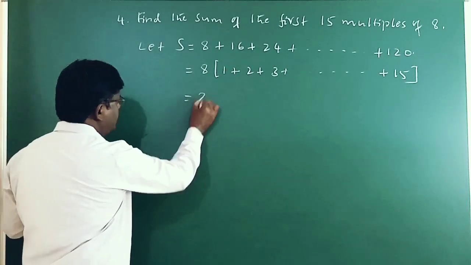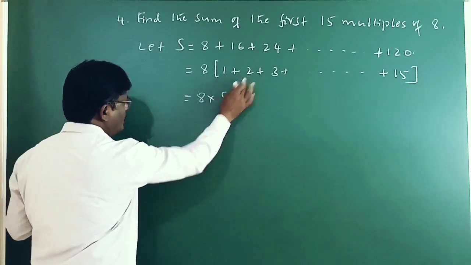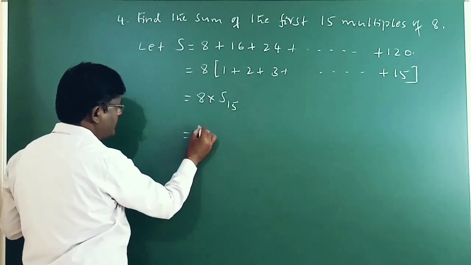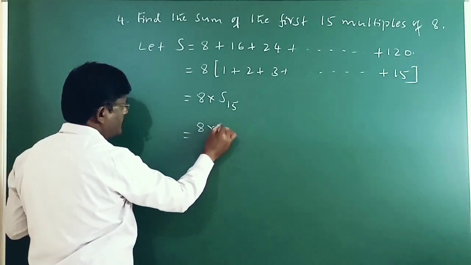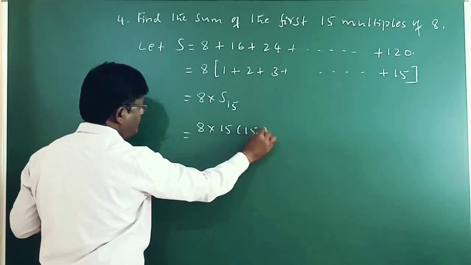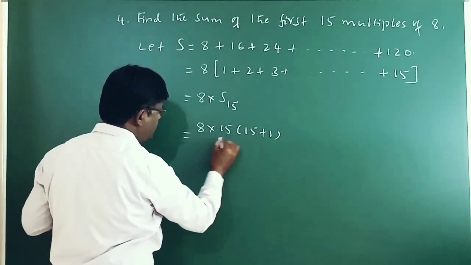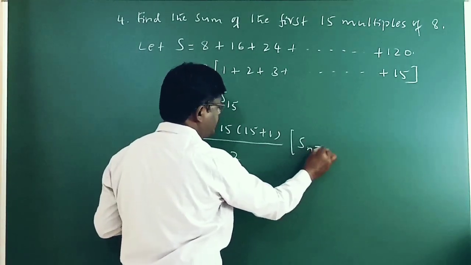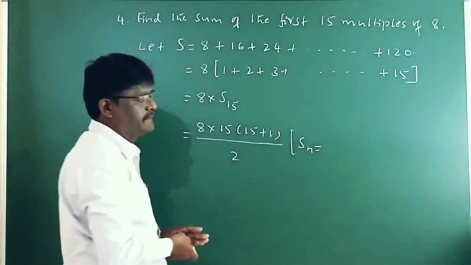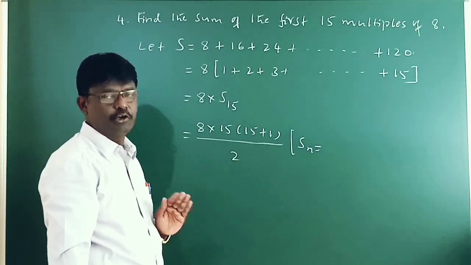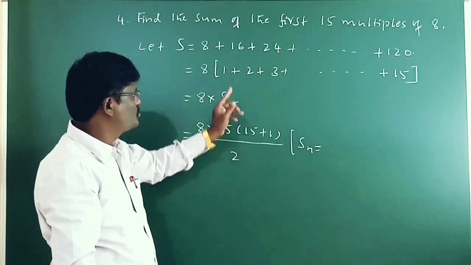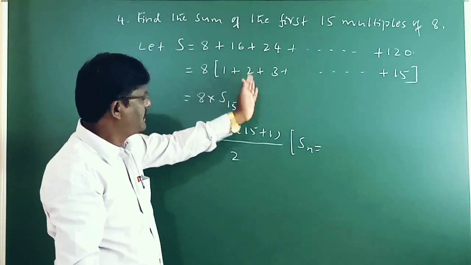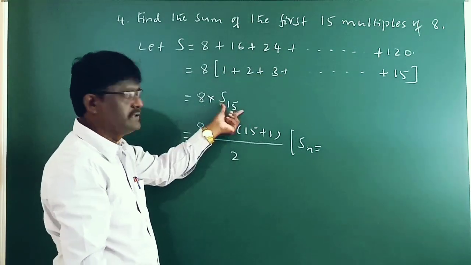Therefore, 8 into S15, that is 8 into 15 into 15 plus 1 divided by 2. How does this come? For any S15, not always, that S15 should start from 1, common difference 1, and end with 15, then we know.